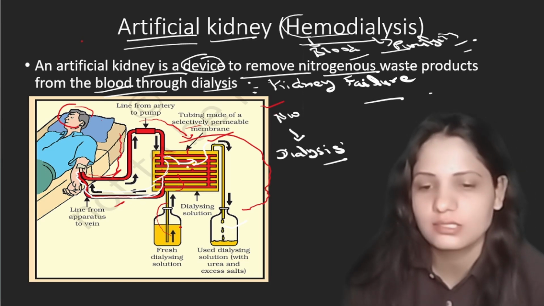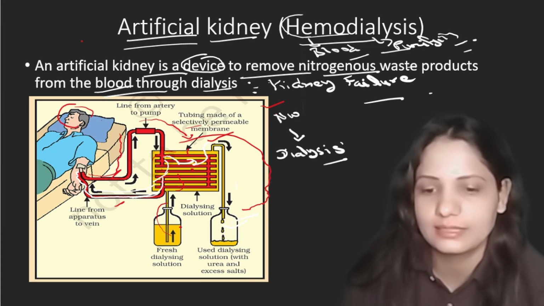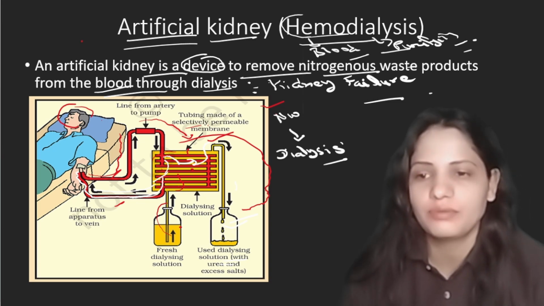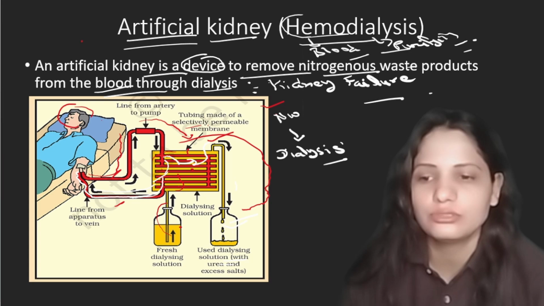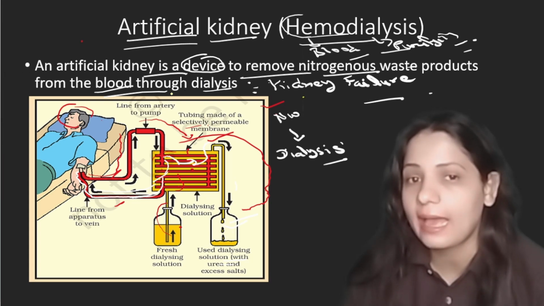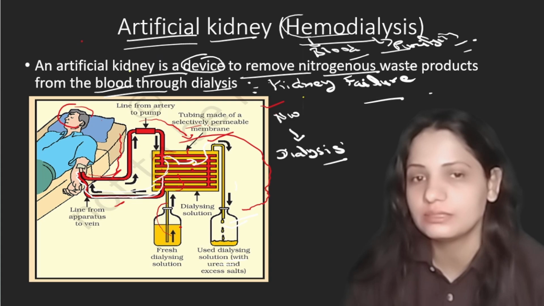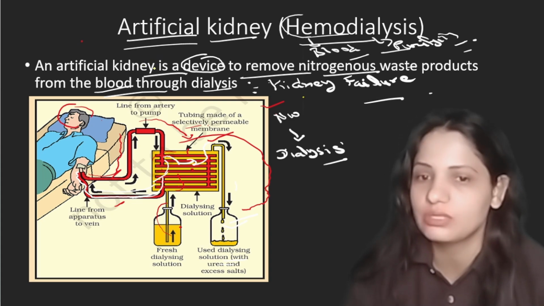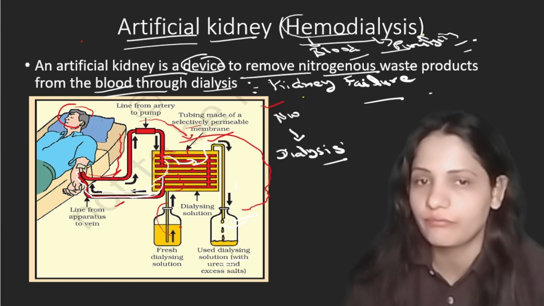Purified blood is transferred and nitrogenous waste is discarded here in this tank, where we have urea and excess salt. So this is performed in the case of kidney failure, where kidneys do not function properly as they do in a healthy person, to avoid accumulation of nitrogenous waste in the bloodstream.